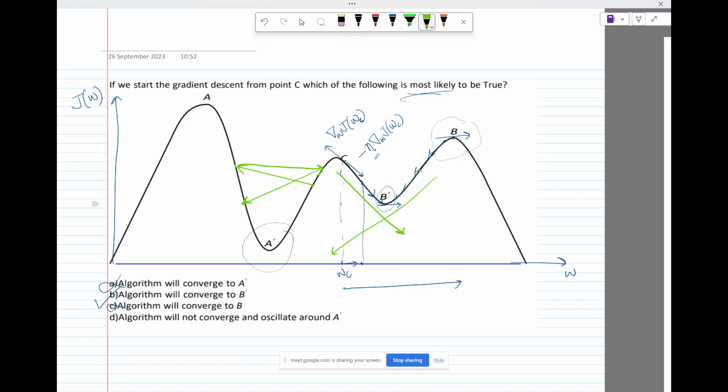But what is asked is what is most likely. So most likely it will converge at B dash. This is also a very less likely situation, so I can discard D. Your learning rate will have to be in a very well defined range, and you will have to know the dynamics of this loss curve for this to happen.